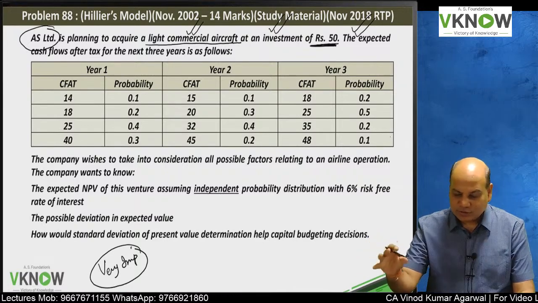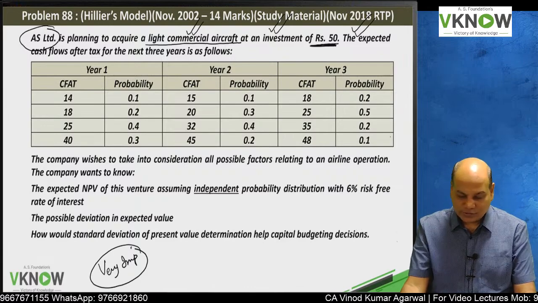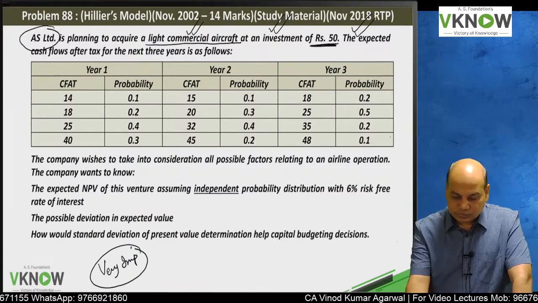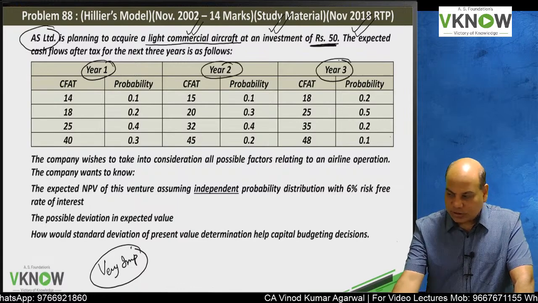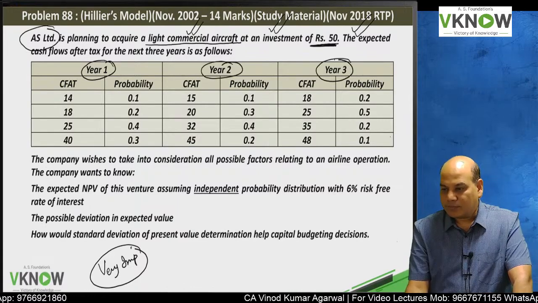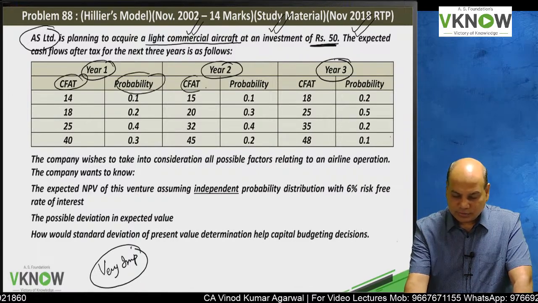Just forget it. Focus on the number. The expected cash flow after tax for the next 3 years is as follows. So here we are given probability distribution of 3 years.